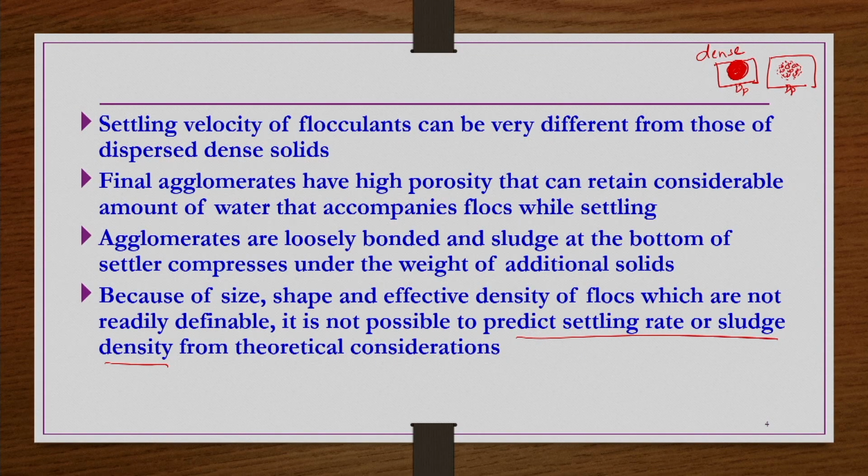We are adding a flocculating agent so that agglomerates form. The agglomerates that form may be of different size and shape, and the effective density may also be different. It is not necessary that you have the same number of finer particles, let us say very small particles like this.